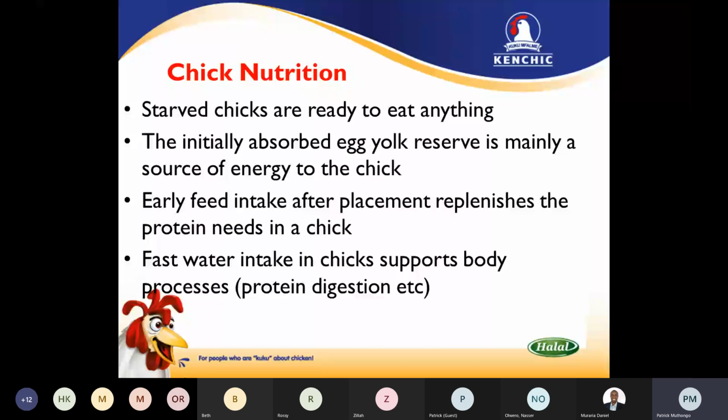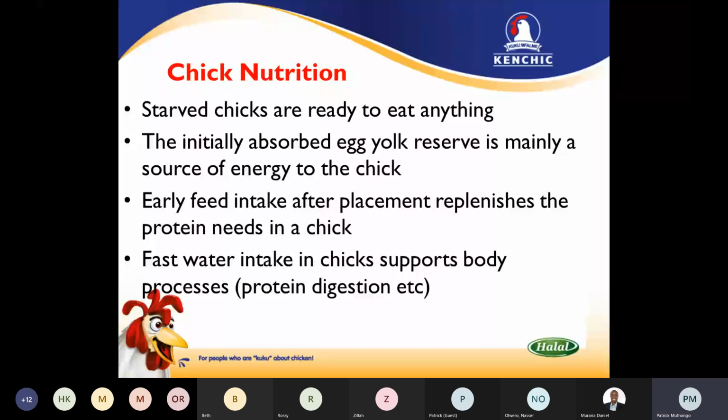And to digest a protein, you need a lot of water. So it is very important for your bird to be able to access water as early as possible so that it can digest these particular proteins, which are the building blocks of life for this bird, coupled with the carbohydrates and the lipids.